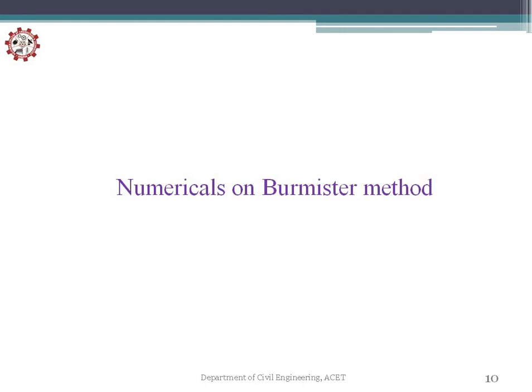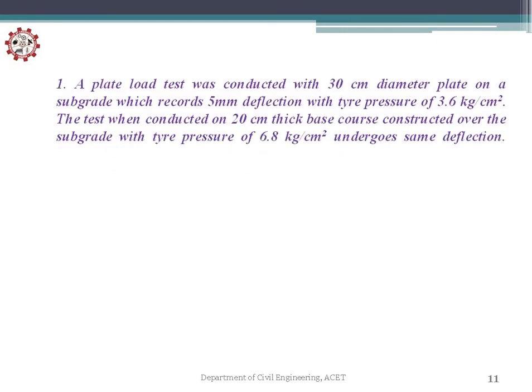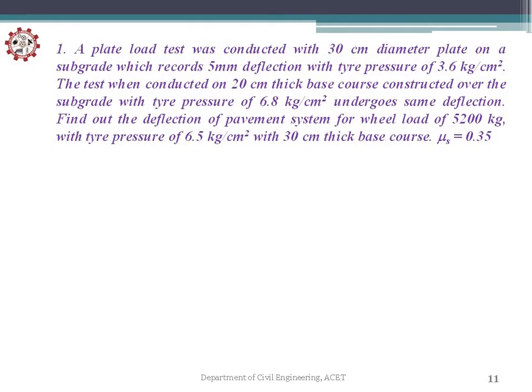So numericals on Burmister's method. First, a plate load test was conducted with 30 cm diameter plate on a subgrade which records 5 mm deflection with tire pressure of 3.6 kg per centimeter square. The test, when conducted on 20 cm thick base course constructed over the subgrade with tire pressure of 6.8 kg per centimeter square, undergoes same deflection.